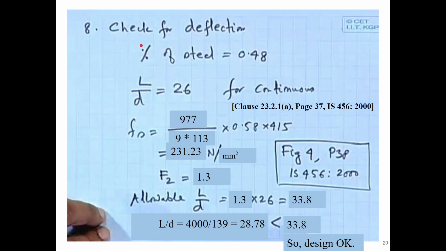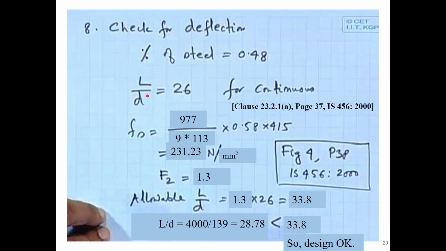Now we also check for the deflection. As I told you at the start of the question, although we were assuming the value to be 30, we have to check it. Is the value of L by D as per the allowable limits? The percentage of steel which we took is 0.48.